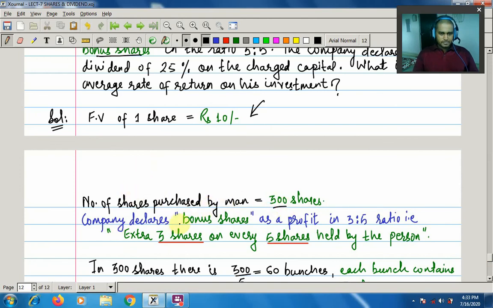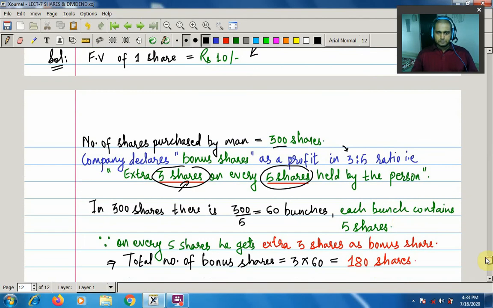Company declares bonus shares as a profit in 3:5, means 3 extra shares on every 5 shares held by that person. So if I have 10 shares, how many bonus shares I'm going to have? 6.